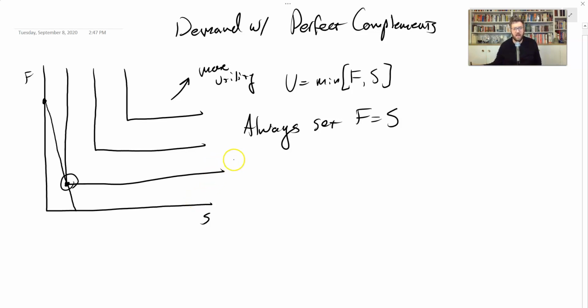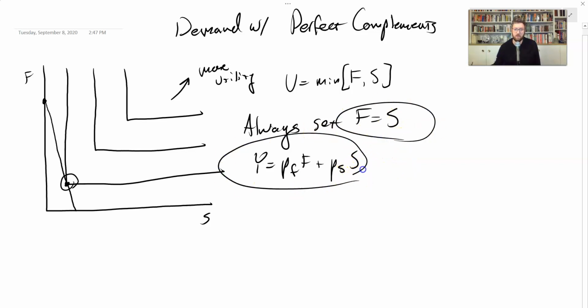So if you always set F equal to S, and you also have a budget constraint that you have to exhaust your income like so, then we already have 2 equations and 2 unknowns, and we can solve using this too. If we want to solve for F, we substitute out the S, and since we know F is equal to S, we get this.